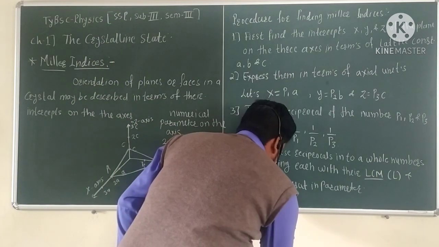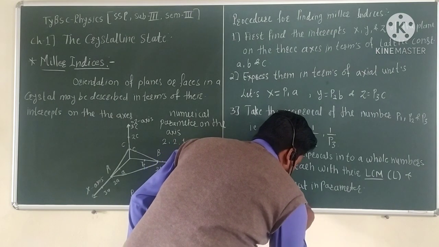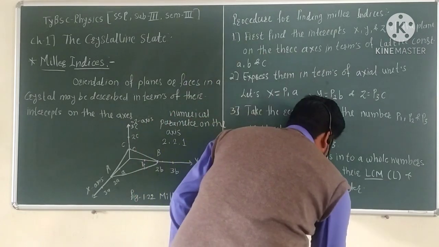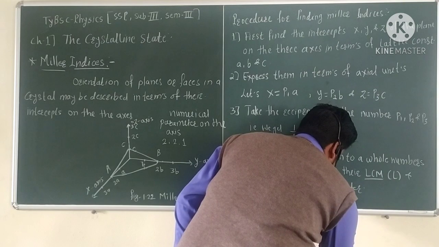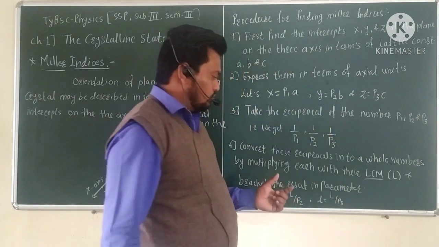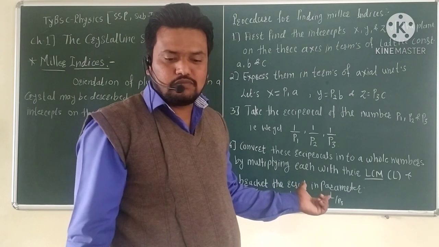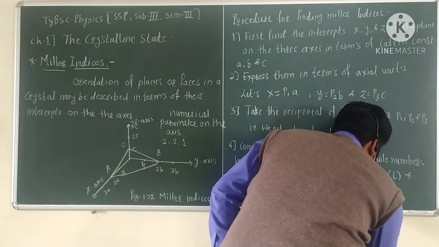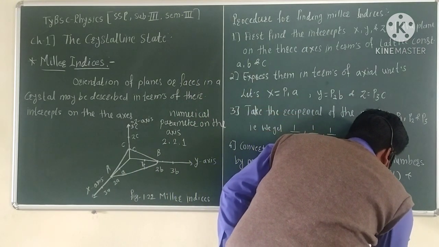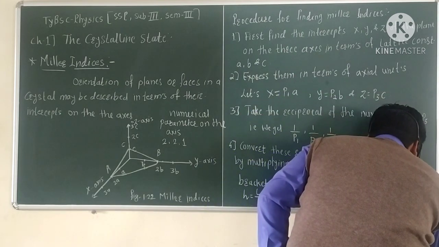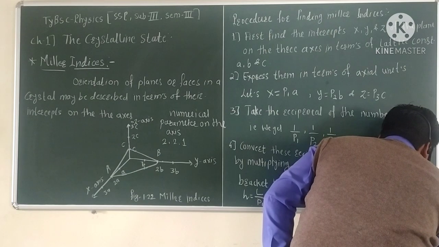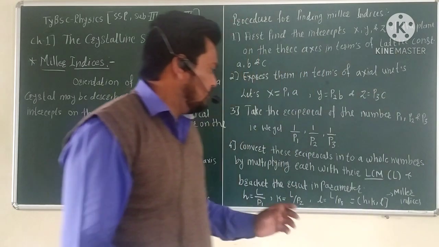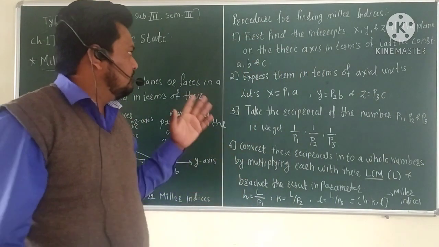So we get the numbers h, k, l, which we write in brackets, and this hkl is known as the Miller indices.